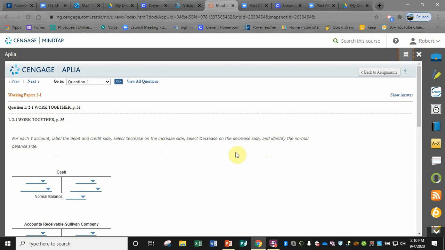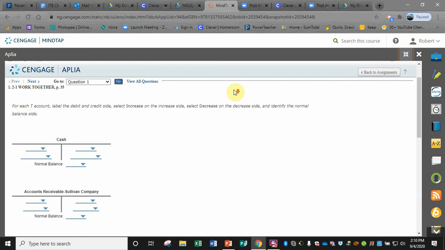So remember, I'm on page 35, so that's where I'm getting all my information. So you should be able to open this book and work on it side by side with what you've opened up over here. My version's a little bit different. So I've got my cash account.